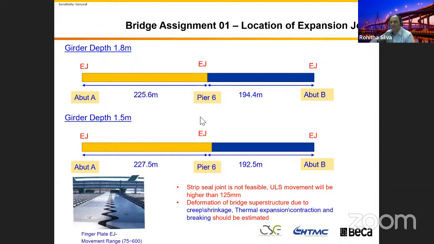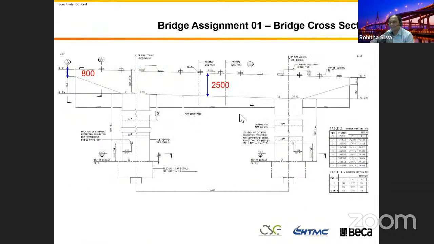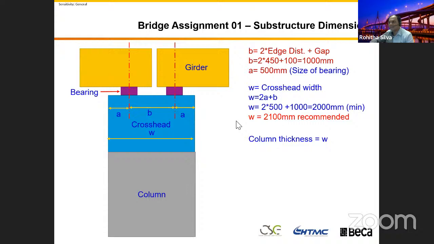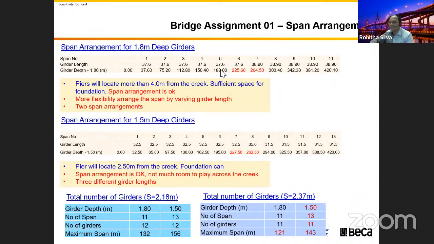There is no harm. If I go to the span arrangement table, you can go to 188 or you can go to 225. Either way, it's the same. Because I select this one, this one, because that's the edge of the creek.